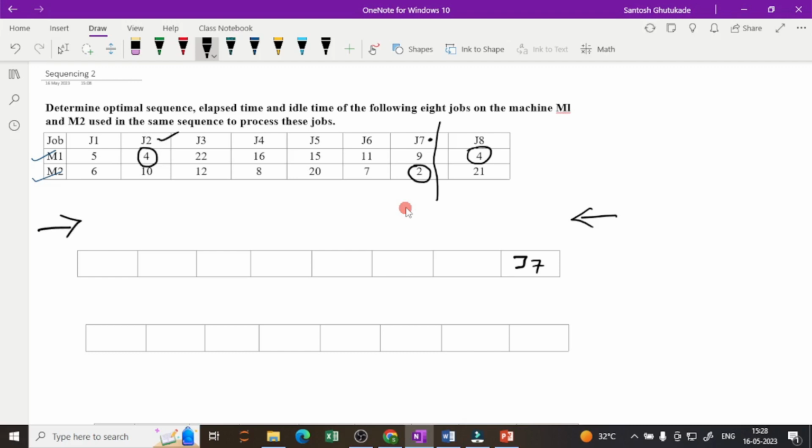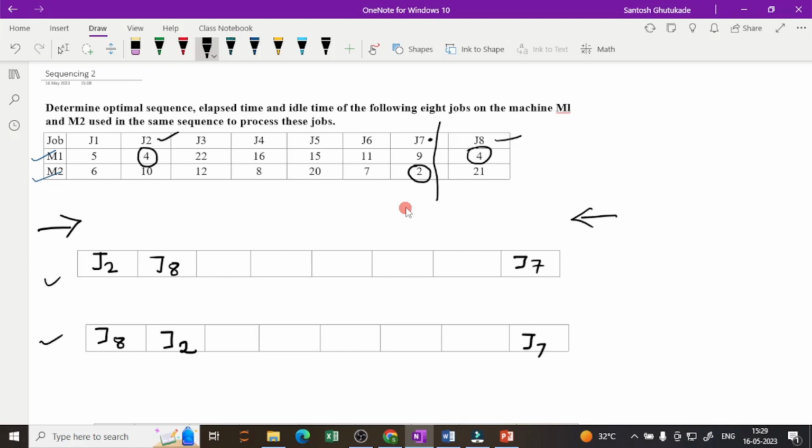Job number 2 is 4 and job number 8 is also 4. So we will put any job arbitrarily as the first job. Suppose I put J2 as the first job, then I put J8. Or either case, you can put J8 as the first job and J2 as the next job. Both the sequences are okay, so we will solve by these sequences as well as this sequence.